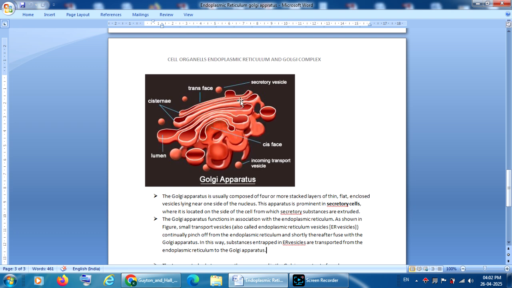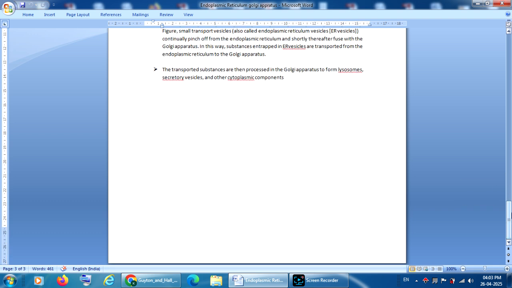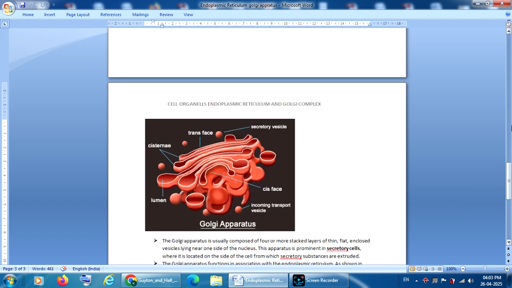Here in the Golgi apparatus, they are processed into special substances or small vesicles which are called lysosomes, or some secretory vesicles, which are useful for the functioning of the cells. See the secretory vesicles, understand? They are formed from the Golgi apparatus, which are taken from the endoplasmic reticulum in the form of endoplasmic reticulum vesicles. Like this, these two organelles interconnect each other and help in various functions of the cell.